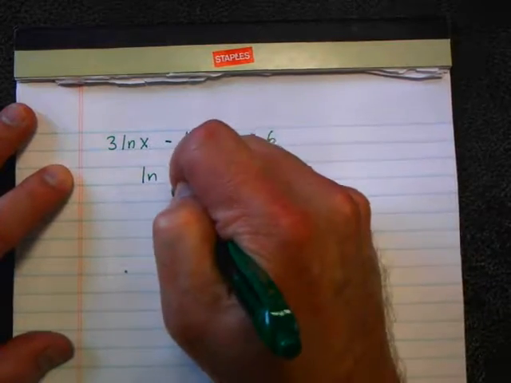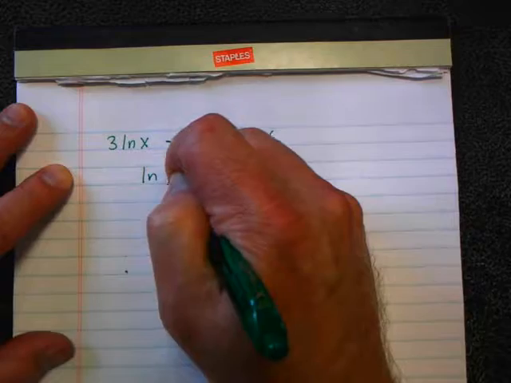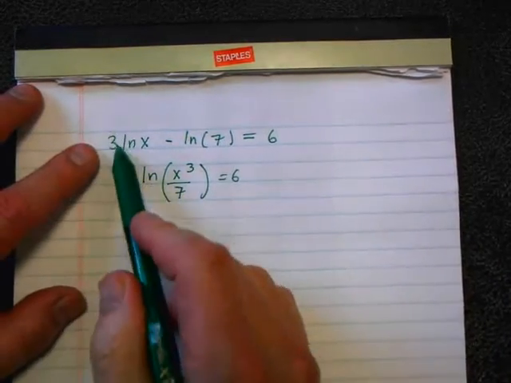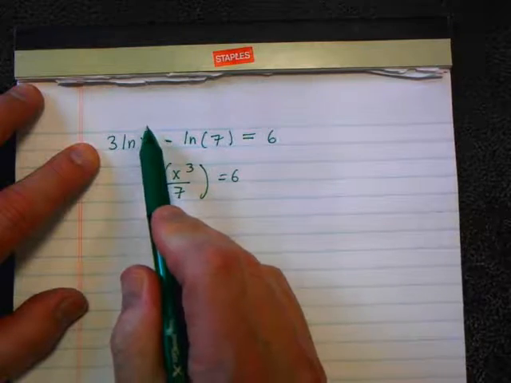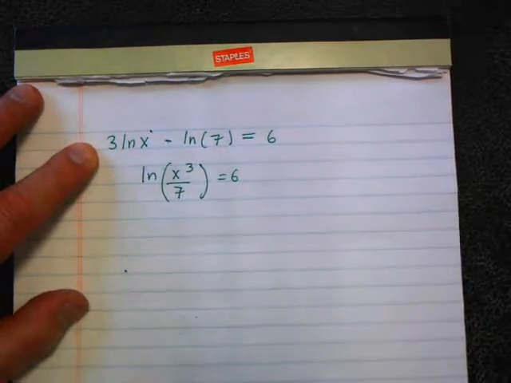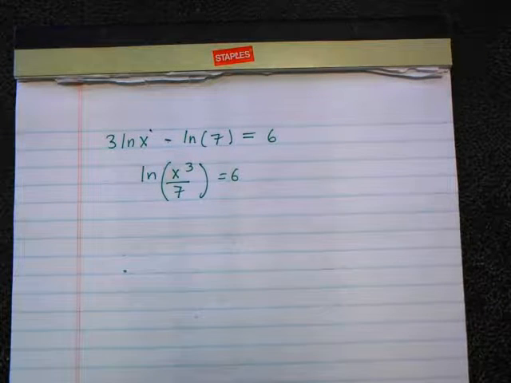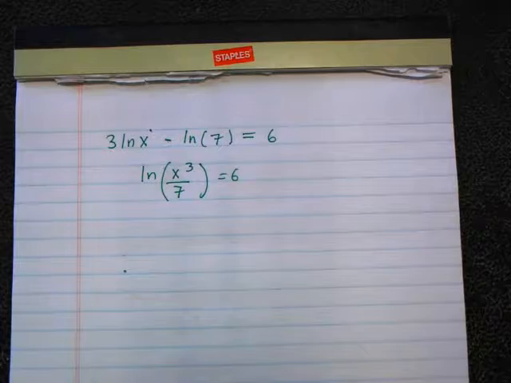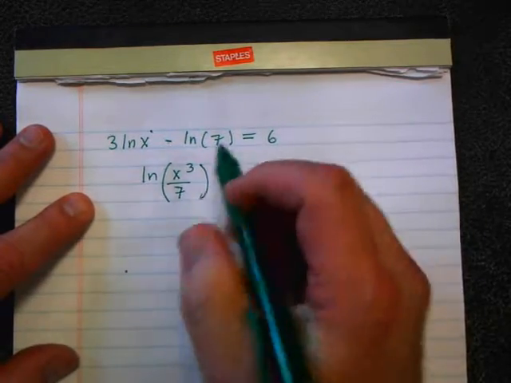All right, so same deal. First off, we have to write it as a single logarithm. So you did 2 to 1 there. This 3 goes inside, and when it goes inside, it becomes an exponent. And then the minus tells us to divide. All right. Correct.